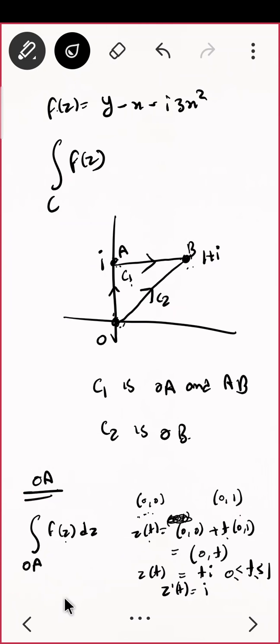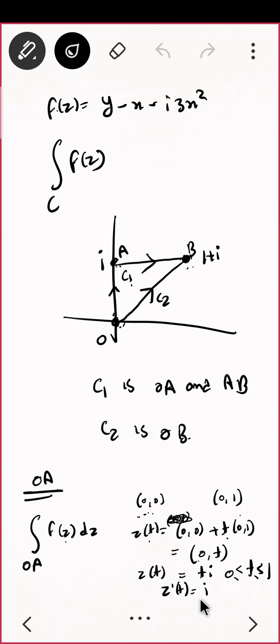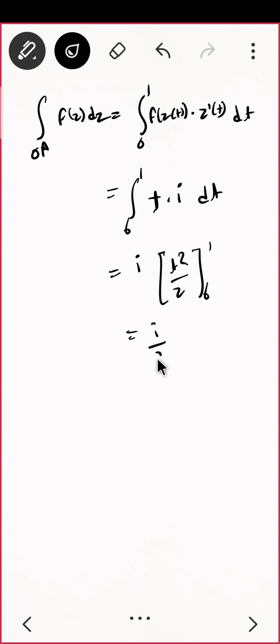What is your z of t? 0 and t, put in this function. That means in the place of y you need to put t, and in the place of x you need to put 0. So what will come? You will just get t. So I am having t here, t multiplied by z dash of t. What came? I have i. So this is the integral of t i dt, correct? You can take i common. It will be t square by 2, from 0 to 1. So the answer is i by 2. Correct? The integral over OA is i by 2.